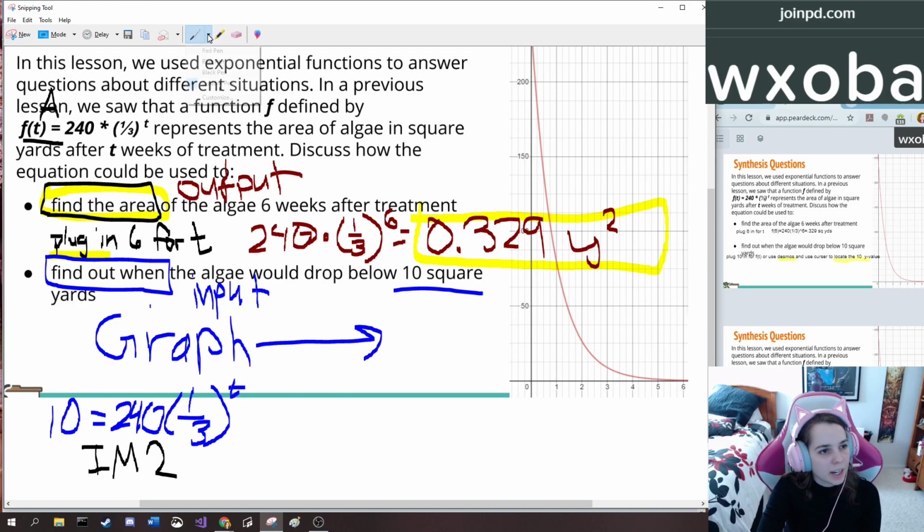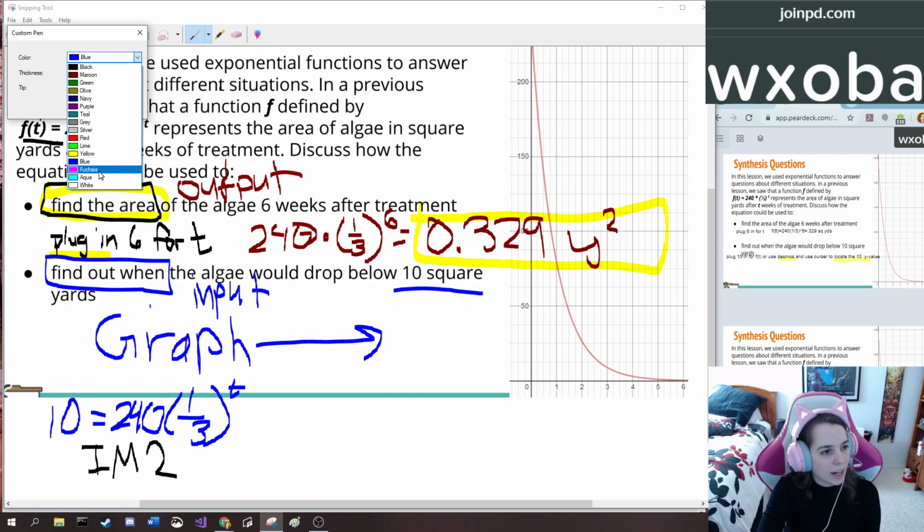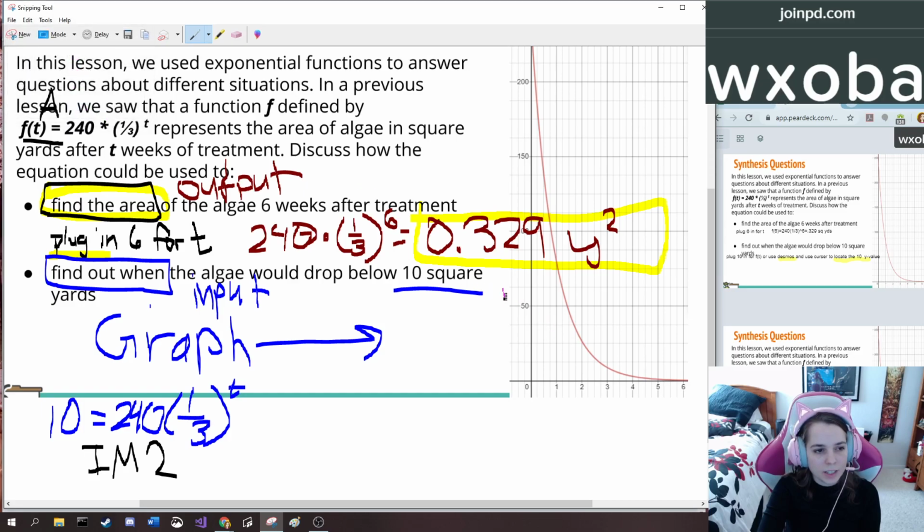To use a graph to find the input when we're given an output, we go to 10. This is 50, this is going to be 25, so it's going to be somewhere around here, somewhere around 3.